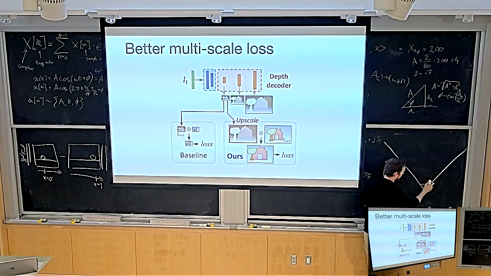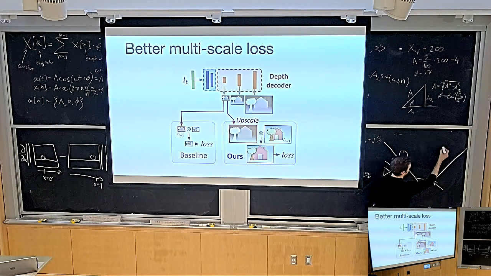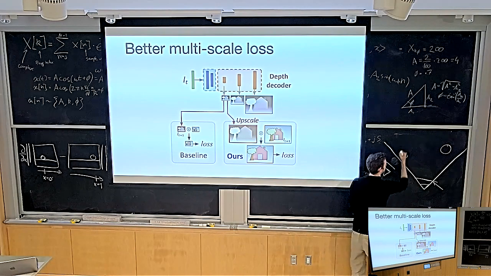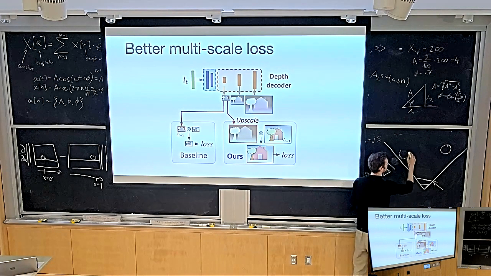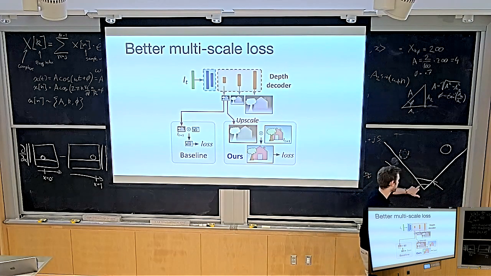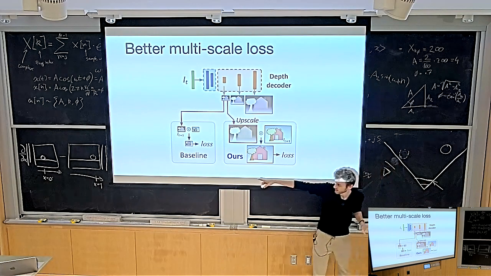Or the same thing would happen even if the ball was in this image. Let's say you predicted the depth of the ball to be here, but in reality, if you looked at this image, the ball actually was here, right? So this is basically the position of the ball that you predicted, and this is the true position of the ball. The same thing will happen. If you now generate this image, you have exactly that situation over there.